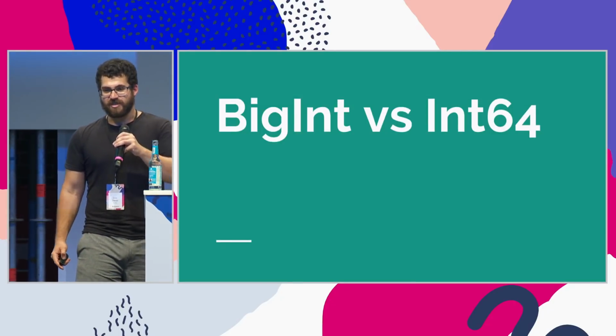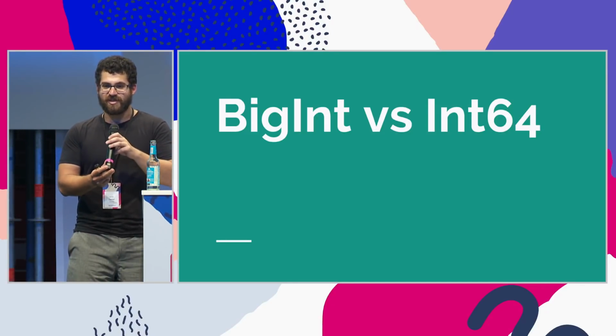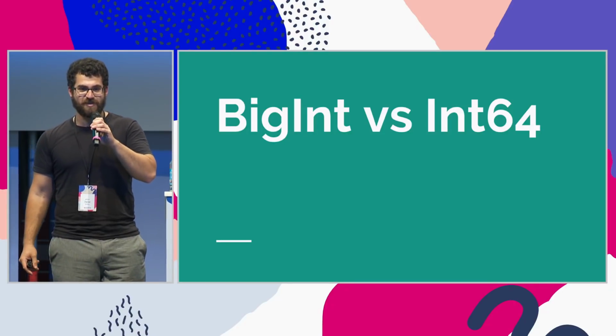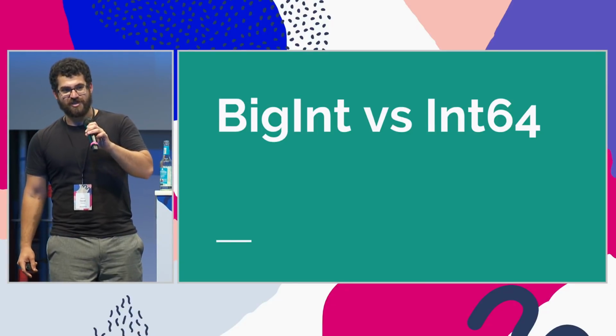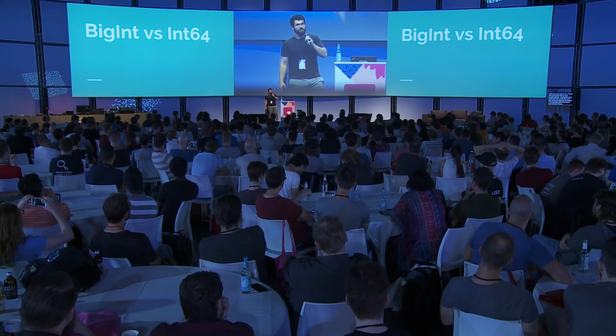So a couple of the big discussions that we went through were BigInt versus int64. I mentioned in the history that much of the time we'd been discussing adding 64-bit integers to the language rather than adding arbitrary size integers. Some of the reasons for that were some people felt it would be a more minimal addition.